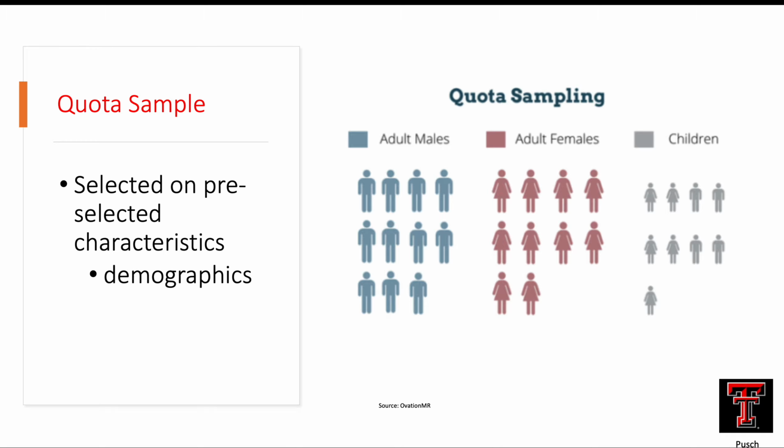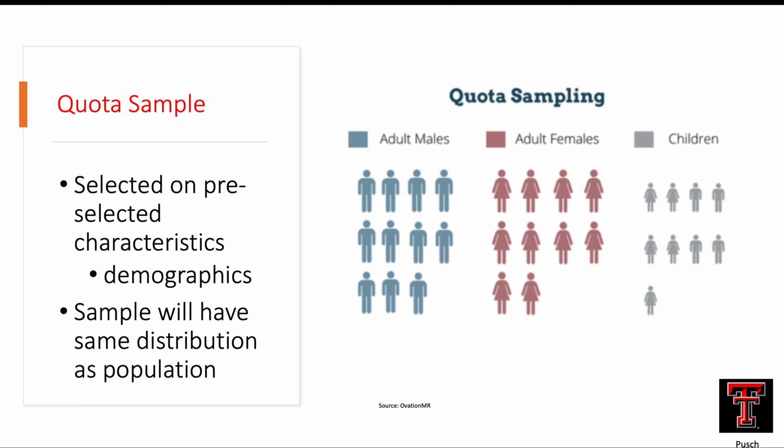Okay, next is a quota sample. So this is selected on pre-selected characteristics, usually done with demographics, not always. Maybe, for example, our TTU population, maybe we want a few different majors to be represented in the sample. So the sample will have the same distribution as the population.